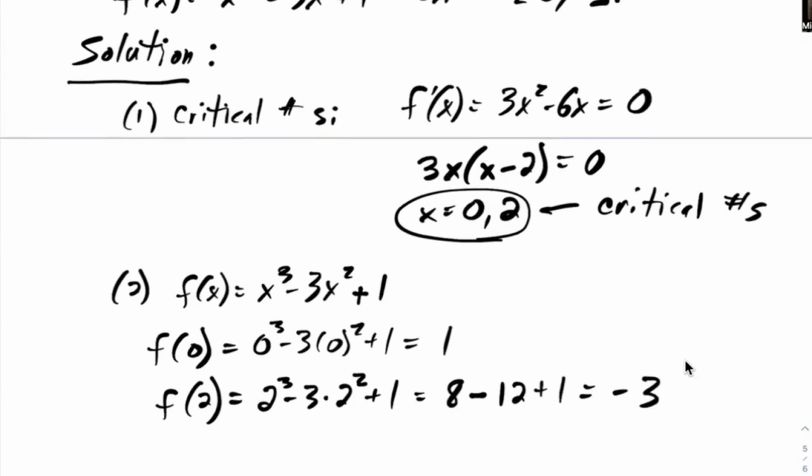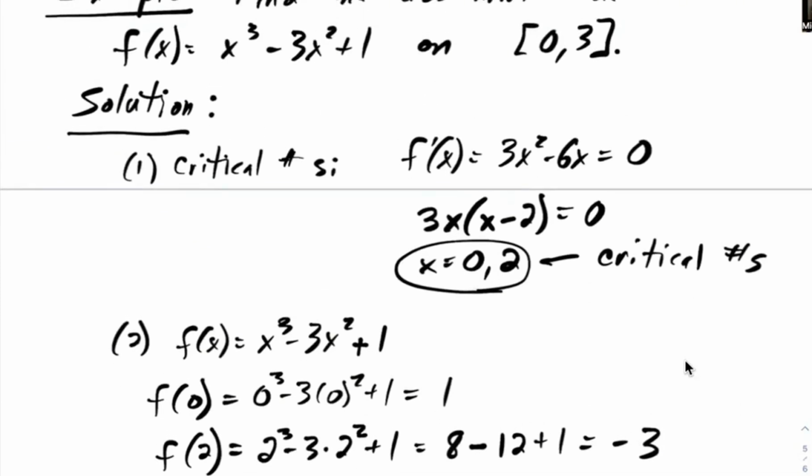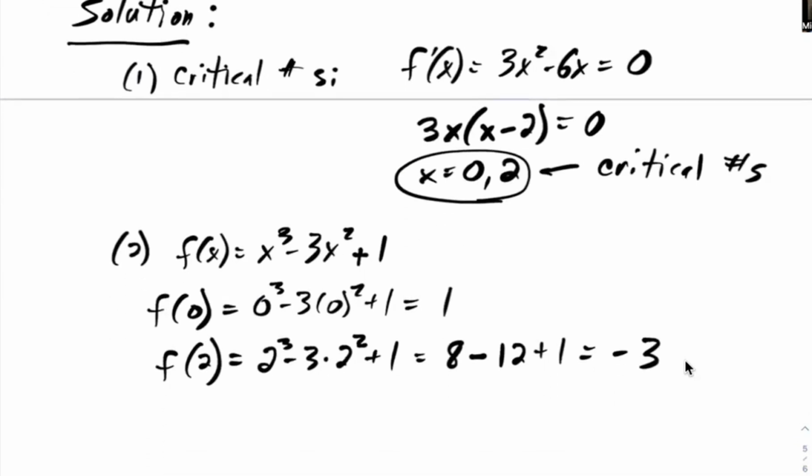So that's step 2. By the way, I need to make sure those critical numbers are in the interval from 0 to 3. They both are. If they're not, then I just don't use that point. Next I look at f at the endpoints.